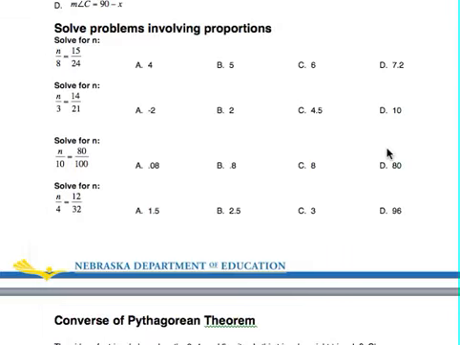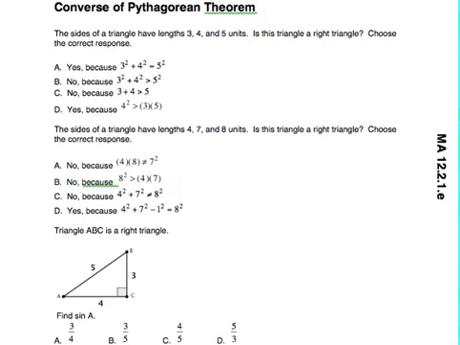Okay, so let's look at this next one. It says the converse of the Pythagorean theorem. So we need to determine, is this a right triangle, yes or no? So A, B, C, or D?